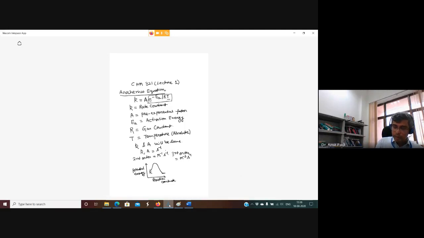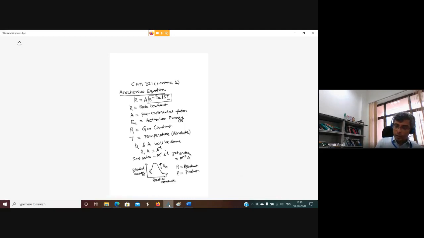So this is the energy level for the reactant, this is the product, and this energy difference is basically known as Ea. Okay, so R is for reactant and P is for product.